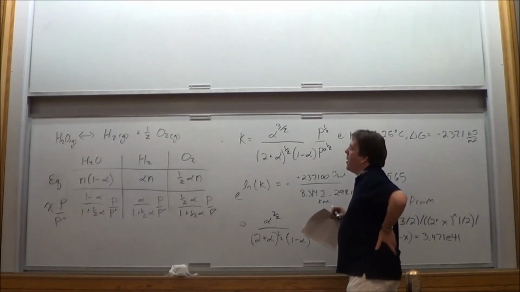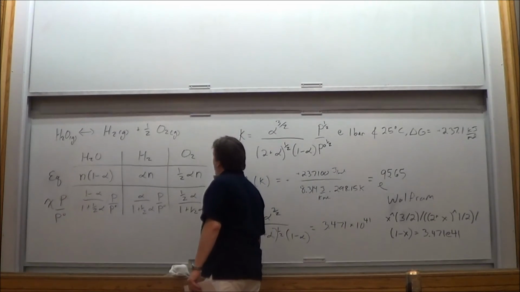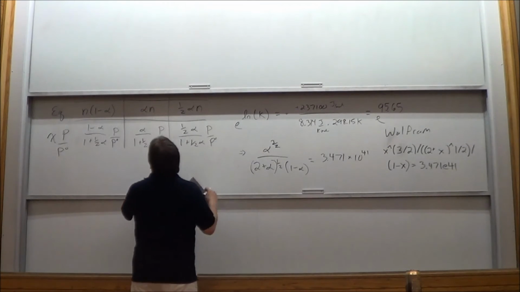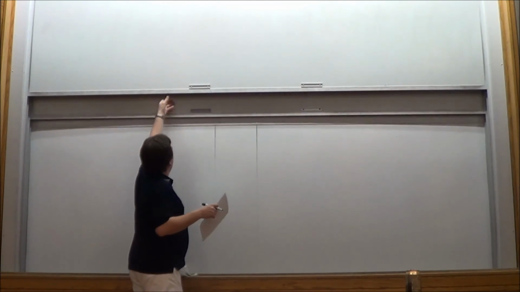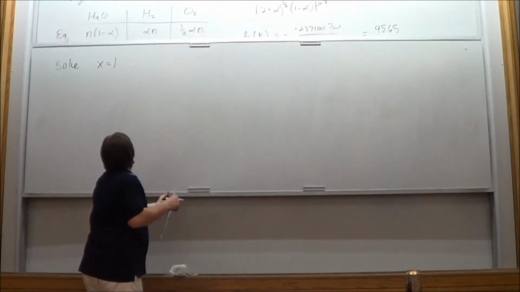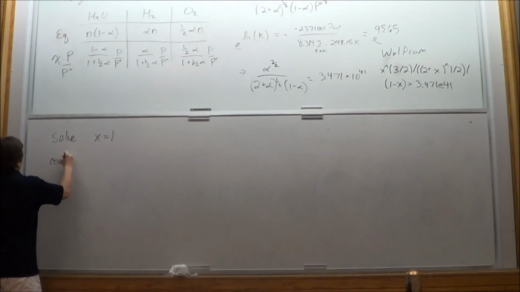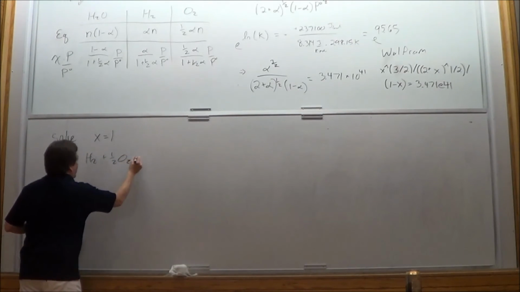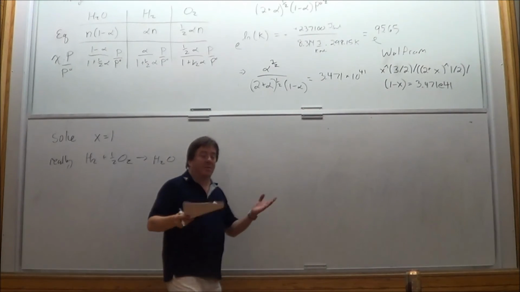So if I had done this correctly, for water forming, the extent I was actually solving for was this, and that minus sign screwed me.